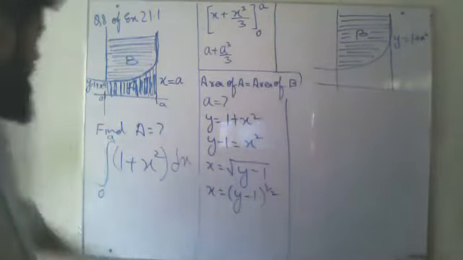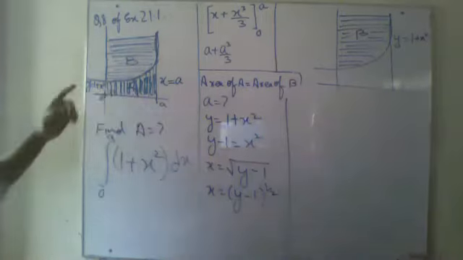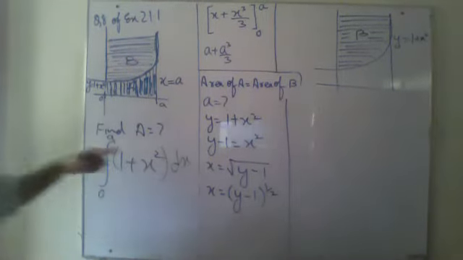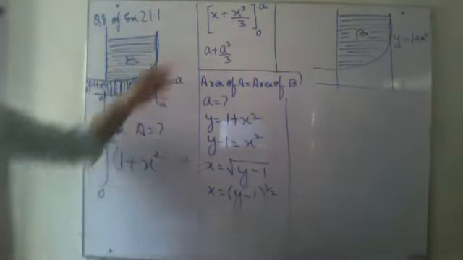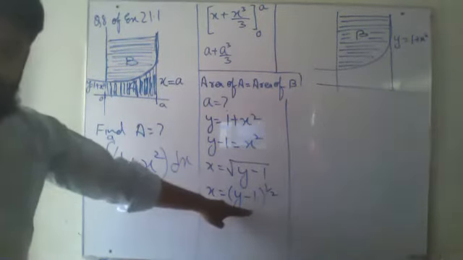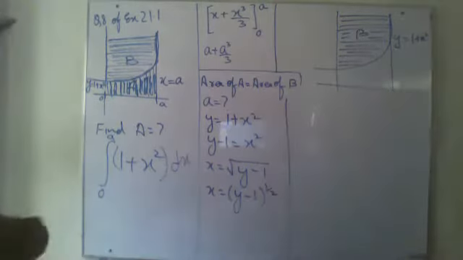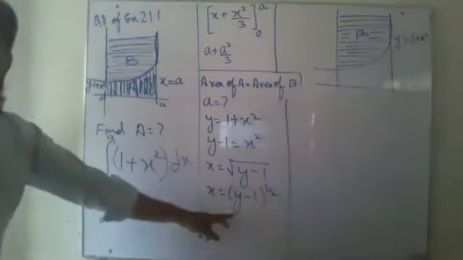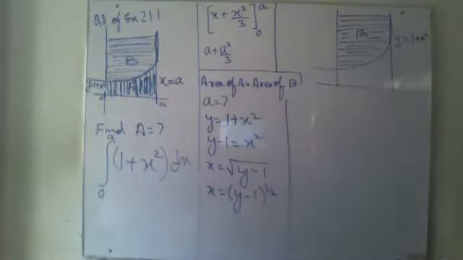Keep this in your mind. If you are using the x-axis, you will integrate with respect to x, and your equation should be in terms of x. If you are using the y-axis, then the equation should be in terms of y, and I will integrate with respect to y. Okay?